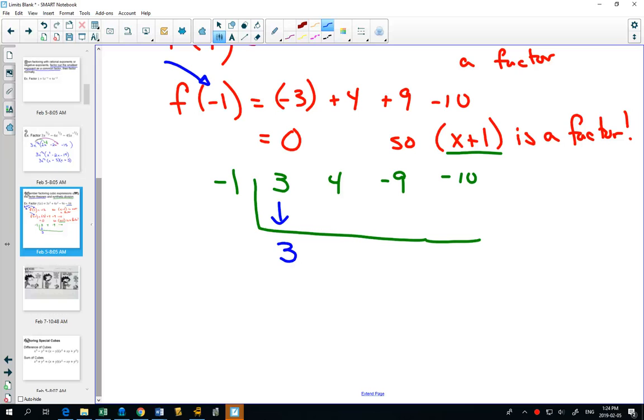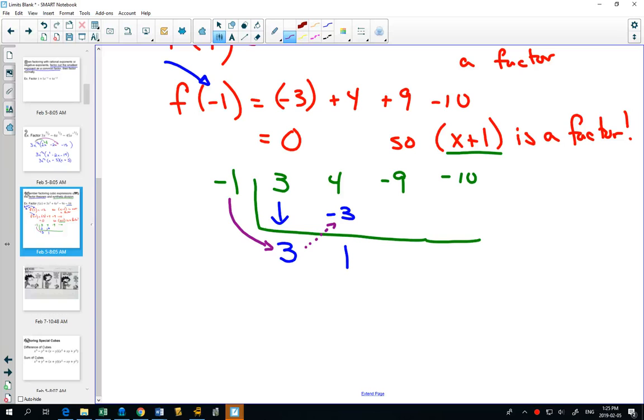Bring down the first number. Negative 1 times 3 is negative 3. And add. 4 plus negative 3 is 1. So the step in between is this number multiplies there and goes there.